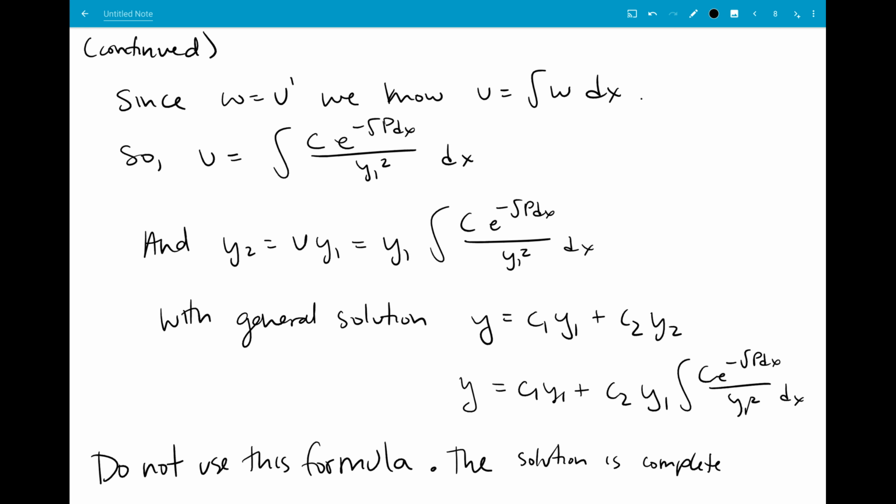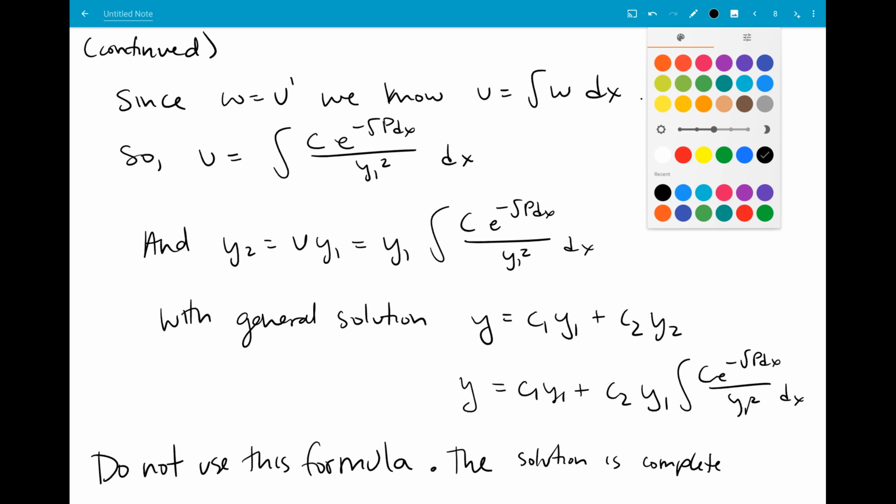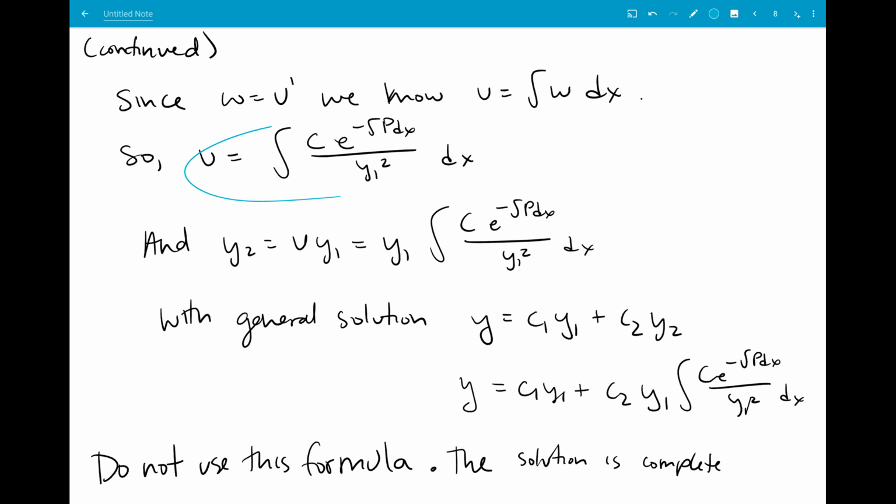So I want to take a second real quick to show you what happens if we add in a constant when we're integrating this function right here. So if when you integrate u, you end up with plus a constant, then when you plug it back into y2, you get plus a constant.